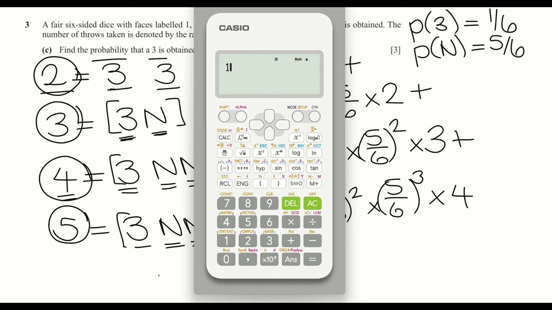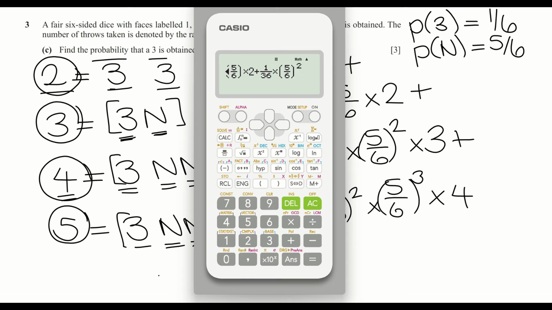So I'm going to say 1 over 36 plus 1 over 36 multiplied by the bracket of 5 over 6 multiplied by 2 plus 1 over 36 multiplied by 5 over 6.